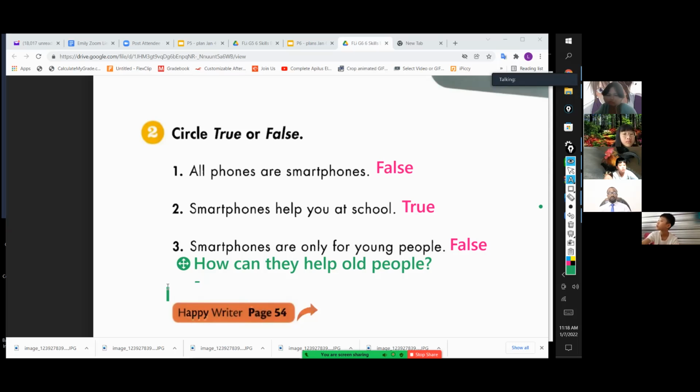No one knows? Okay, they can help you stay connected with family. They can help in emergencies if they get hurt.